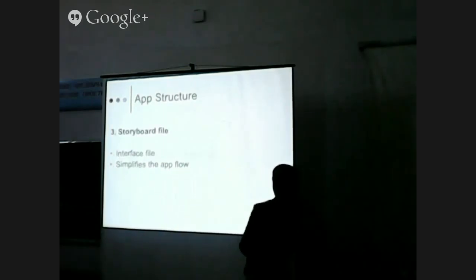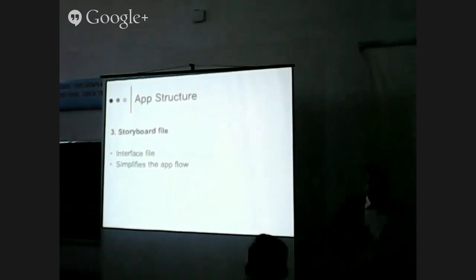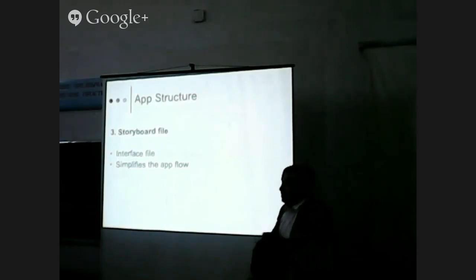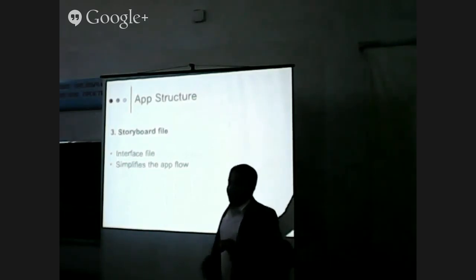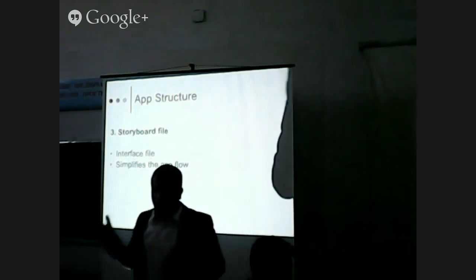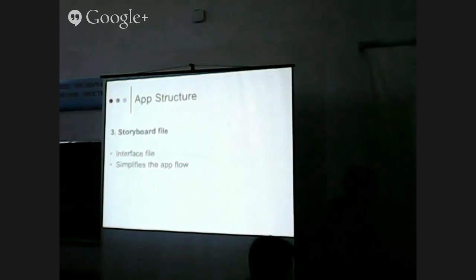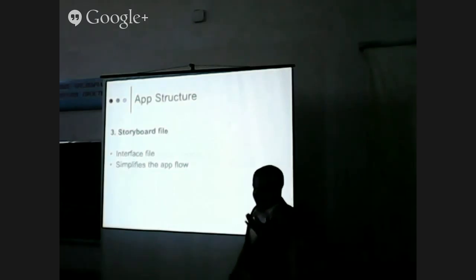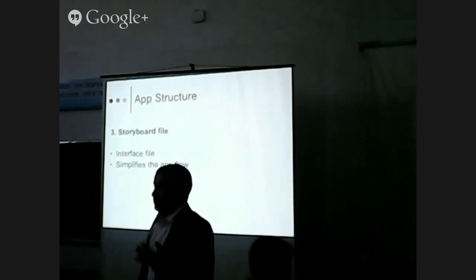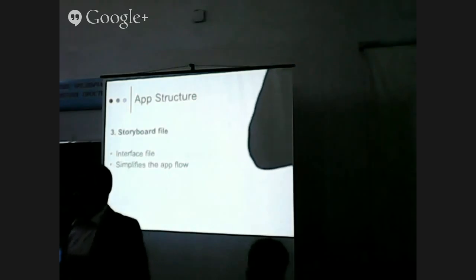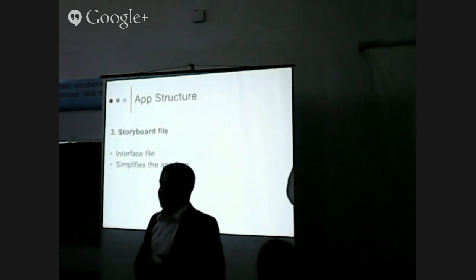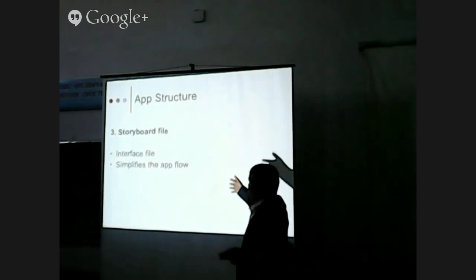Okay. Next comes the storyboard file. Storyboard was not available in older versions of Xcode. From iOS 6, when Apple launched iOS 6, the Xcode version was 4.5, and in that version Apple introduced the storyboard file.